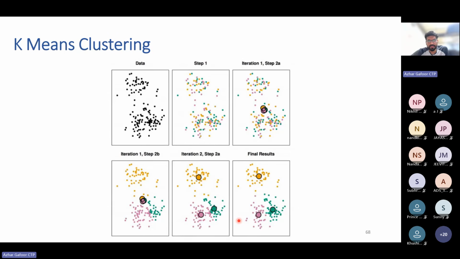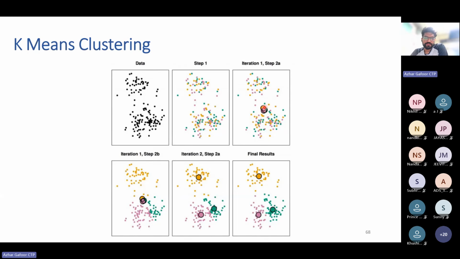So you can see it here. This is our data. In step one, we'll randomly assign. Here we have three classes or three clusters. We randomly assign each of the points to one cluster, and we calculate the centroid. You see all the centroids are closer to each other.